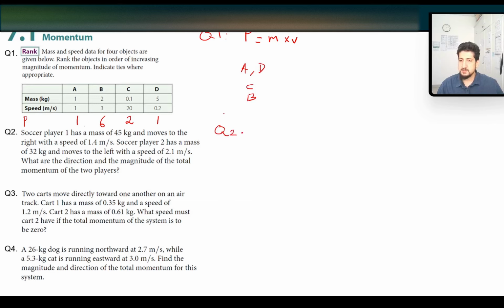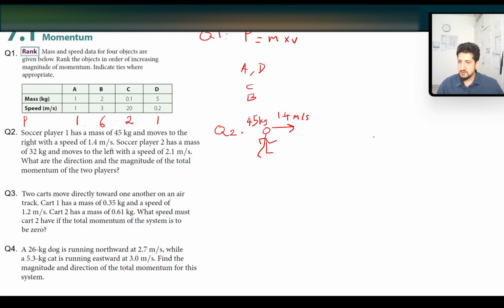Question 2 says, soccer player 1 has a mass of 45 kilograms and moves to the right with a speed of 1.4. So here we go, here's soccer player 1. He is moving to the right with a speed of 1.4 meters per second, and his mass is 45 kg.